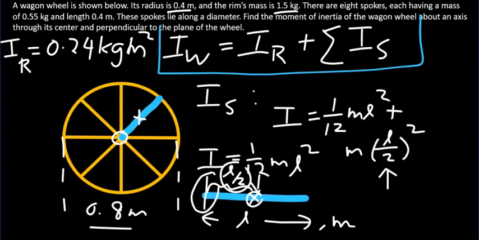This is the distance between an axis passing through the center of mass and the new axis. And the sum will give you 1/3 mL squared.